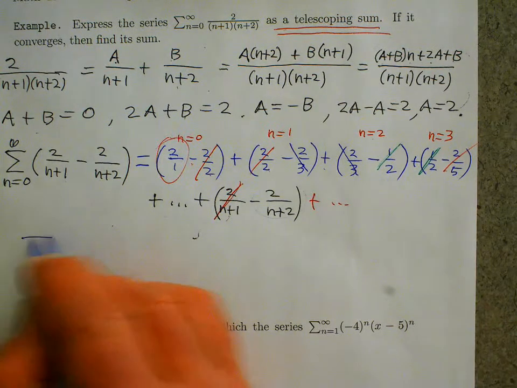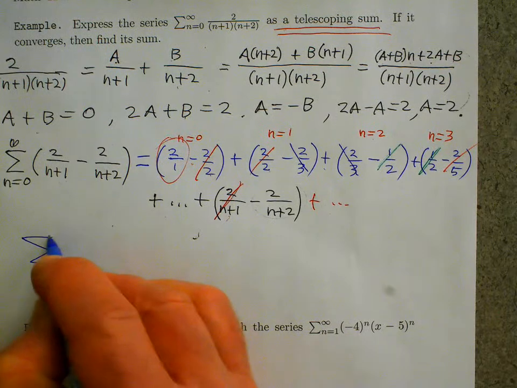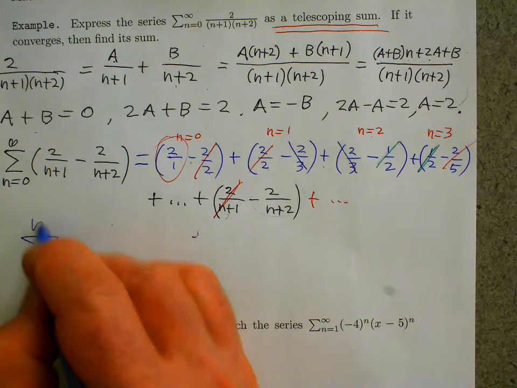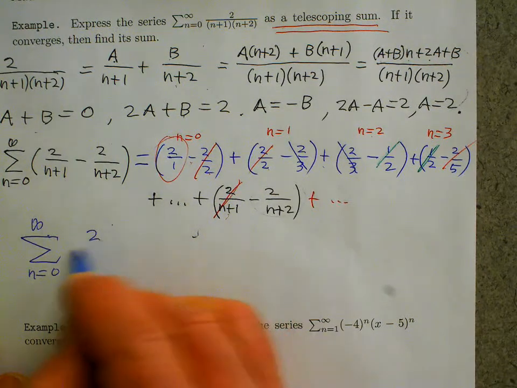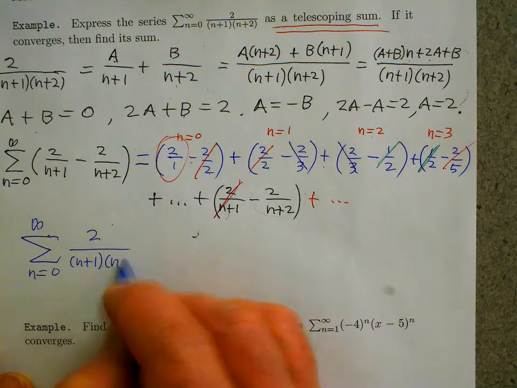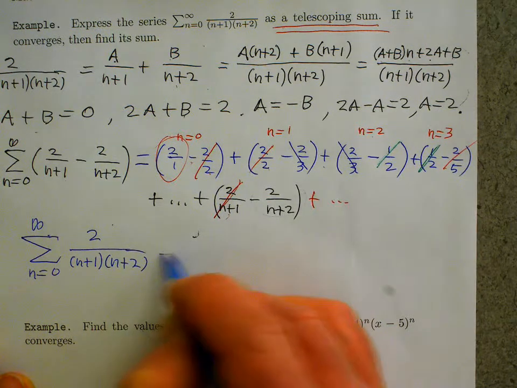So we conclude the series of 2 over (n plus 1)(n plus 2) equals 2.